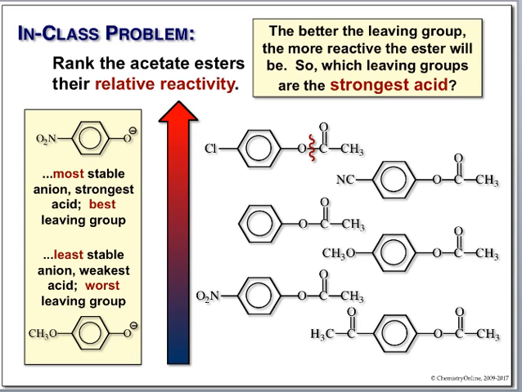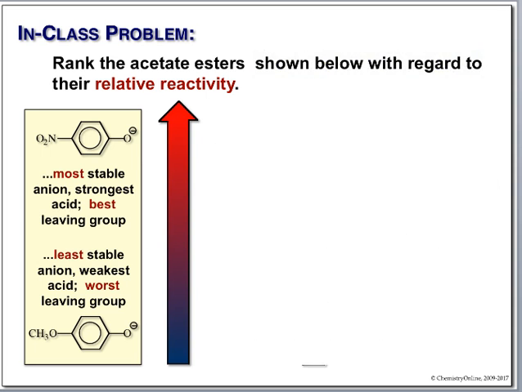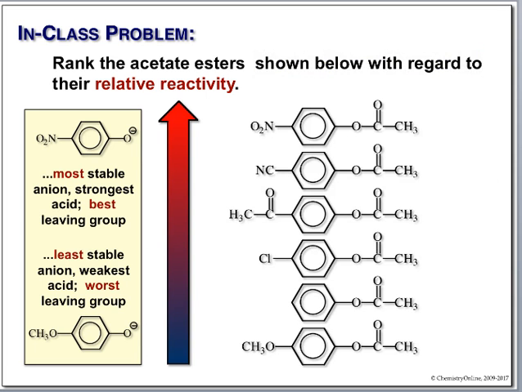Here we have cyano, which is going to be pretty good. Chloro. This is electron withdrawing. Probably not as good as these guys. That's just benzene. This is the strongest, the most electron donating. Our order would be something like this.